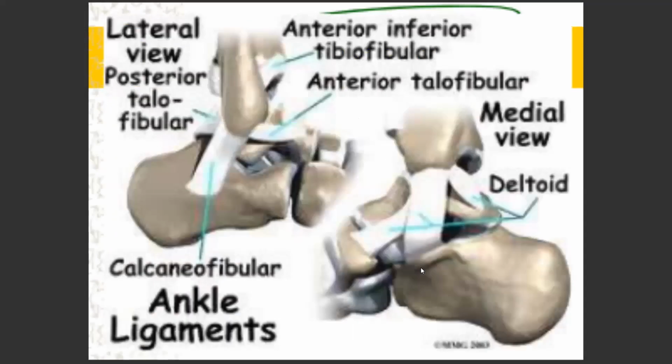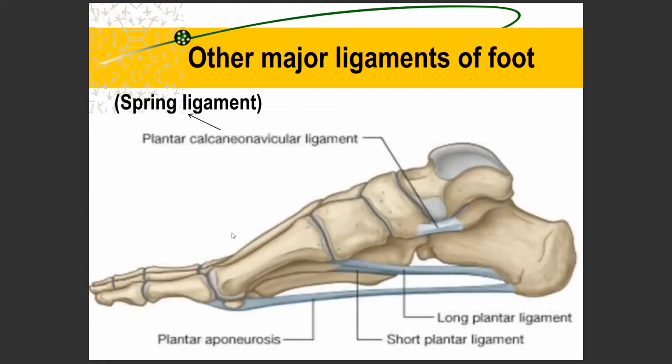What we mean by the dorsum of the foot: this surface is known as the dorsum of the foot. This is the sole or the plantar surface. This is the dorsal surface. Here there will be the ankle joint, there will be the tibia, and this is the talus bone.